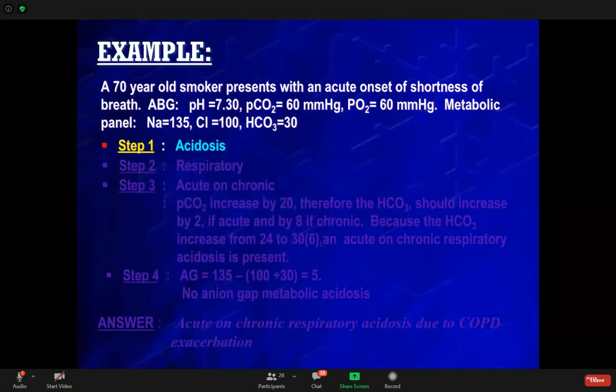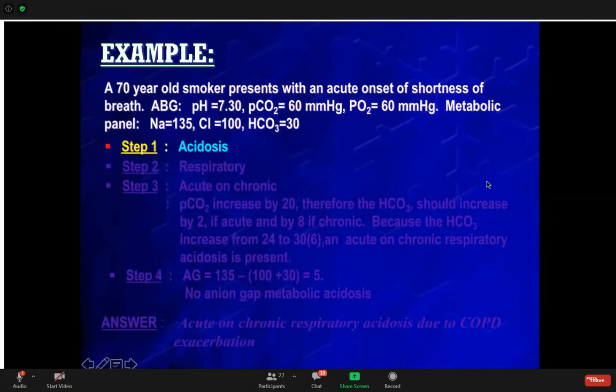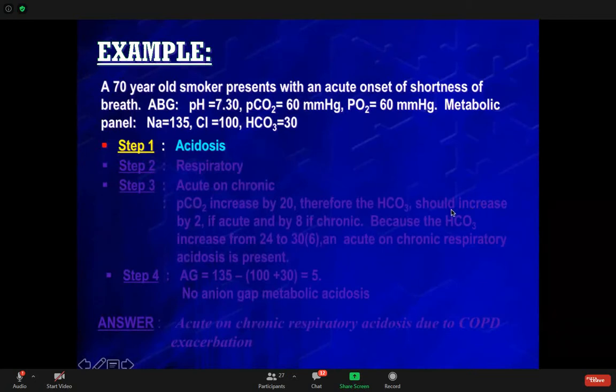The disorder is what? Exactly. So respiratory acidosis. So what's our next step if you remember?